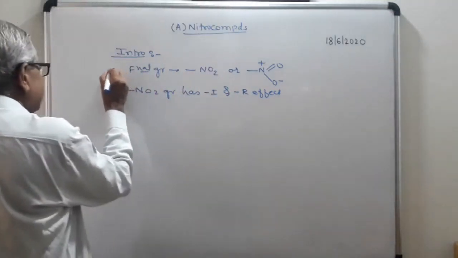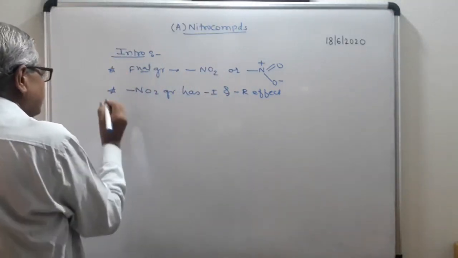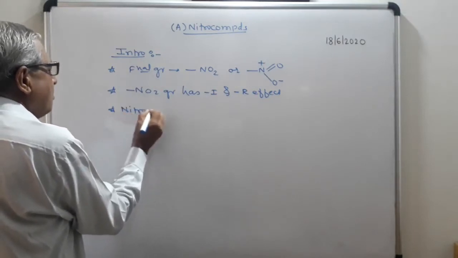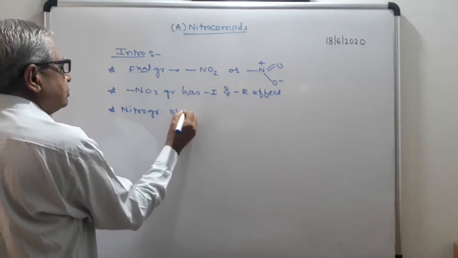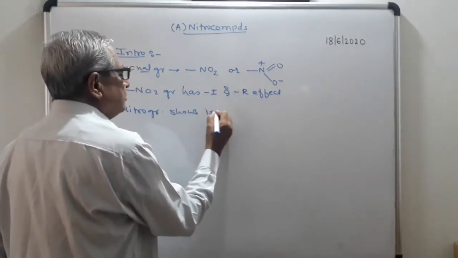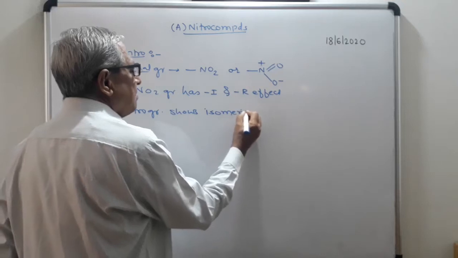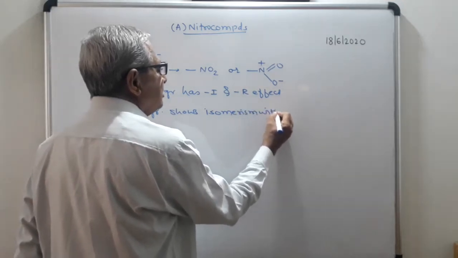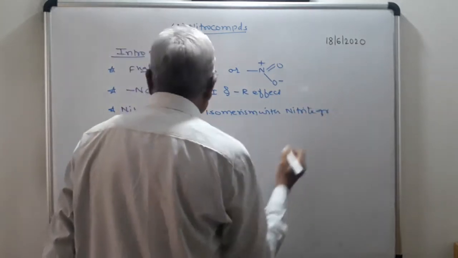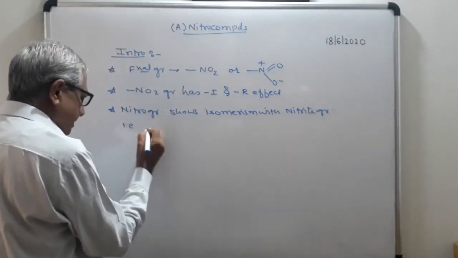Second point, the nitro group shows isomerism with nitrite group. Now see, I will explain here.